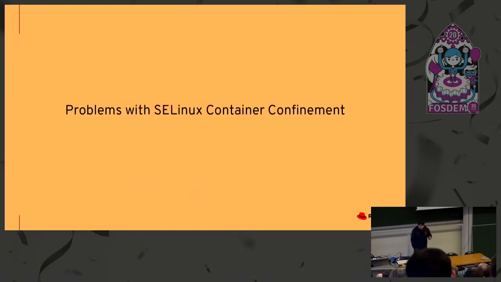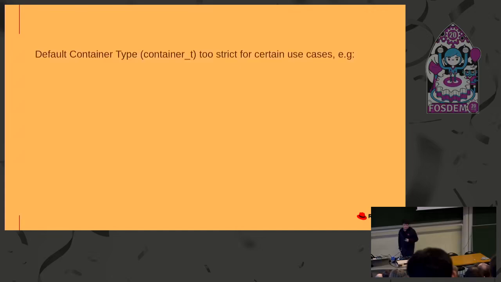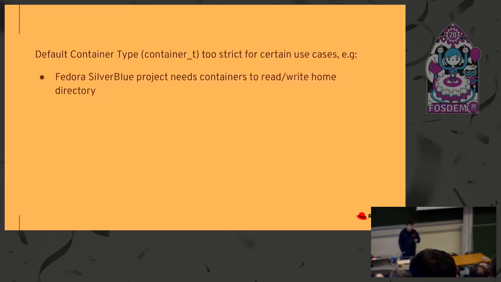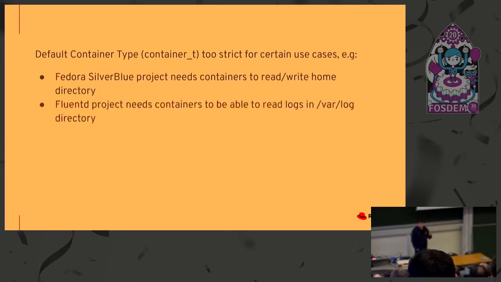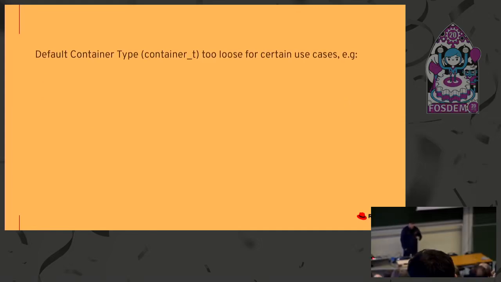So, of course, this solution has several problems. The first one is that one generic default SELinux policy for containers is too strict for certain cases. For example, the Fedora Silverblue project needs containers to read and write user home directories. Second, the project FluentD needs to be able to read logs stored in /var/log on the host system.